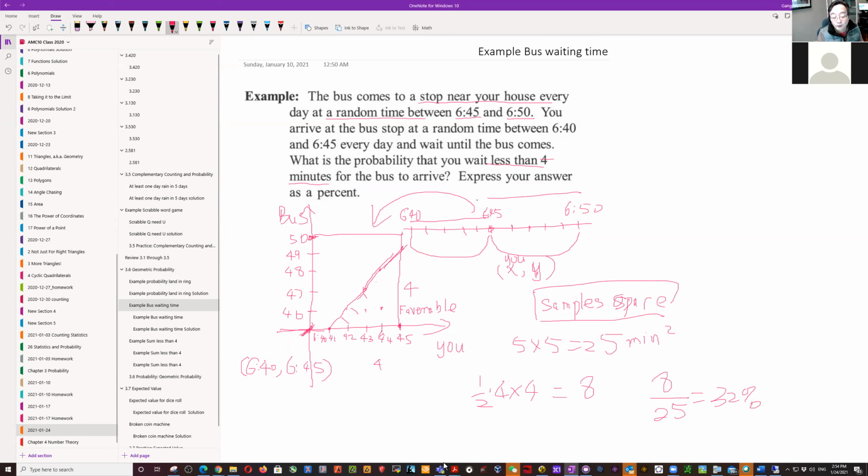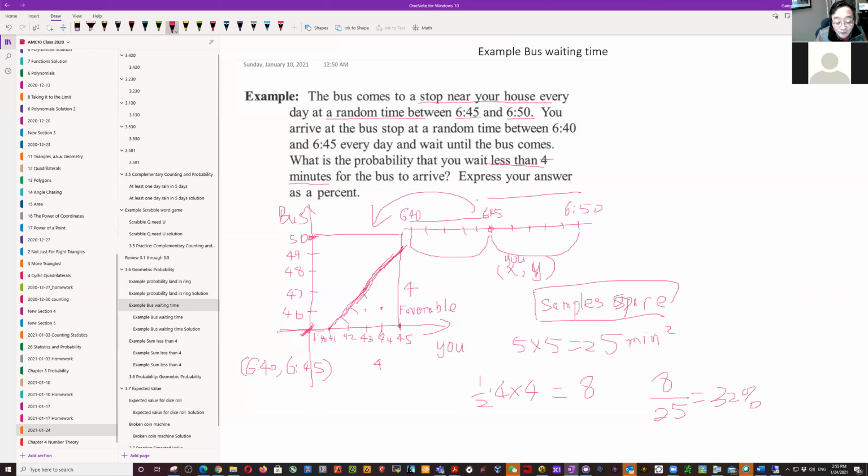And in an area problem, if it asks you an exact question, it's guaranteed to be 0. For example, if it's asking the probability that you wait exactly a minute, actually it's 0, because the area of that is just right on this line.